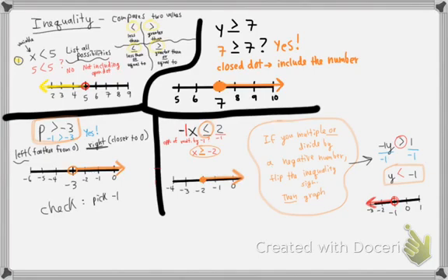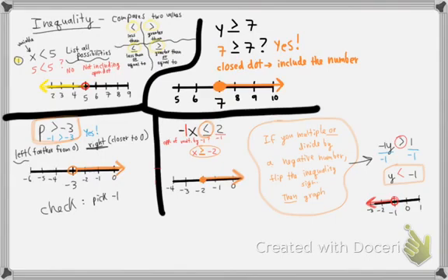All right, so that was our introduction video on inequalities. Remember, inequalities are basically comparing two values using less than, greater than, less than or equal to, or greater than or equal to symbols. To graph them, you need to put the number you're given in the middle. You need to decide if it's an open or closed dot, basically meaning should I include this or not.